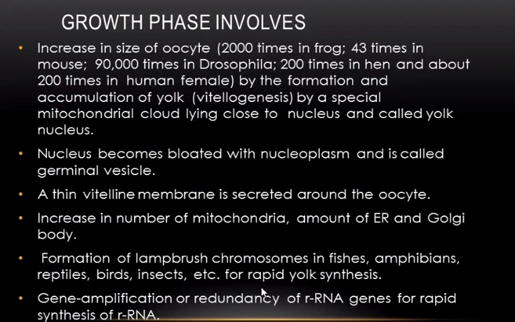There is an increase in the number of mitochondria, amount of endoplasmic reticulum and Golgi bodies. Lampbrush chromosomes form in fishes, amphibians, reptiles, birds, insects, etc. for rapid yolk synthesis. Gene amplification or redundancy of ribosomal RNA genes occurs for rapid synthesis of ribosomal RNA.